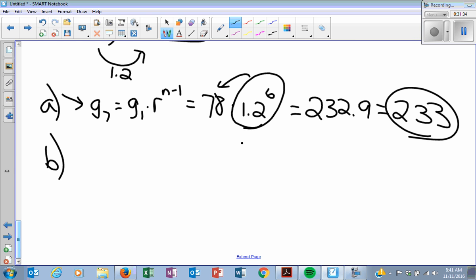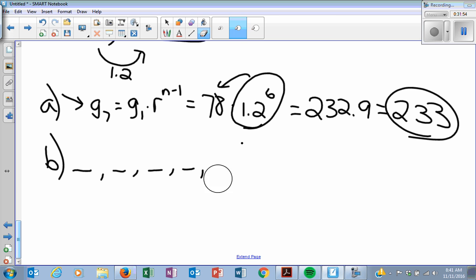That's cool. Now, at this rate, what is the total number of cookies they would sell by the 7th day? So this means we're adding the first day's cookie sales to the 2nd day's, to the 3rd day's, to the 4th, all the way to the 7th. So what's going to be smart for me to use? Euclid's formula.